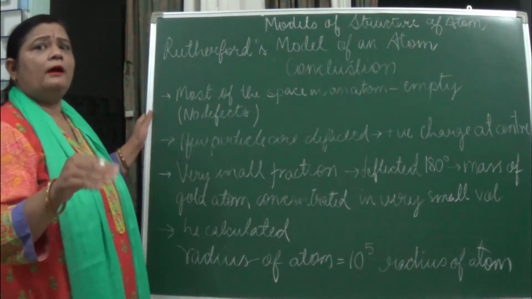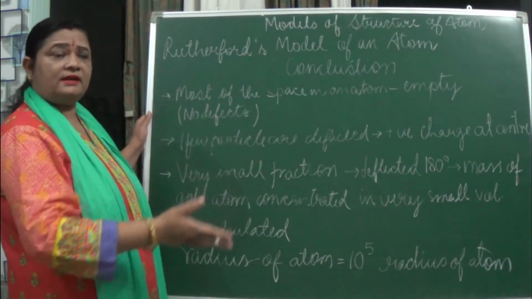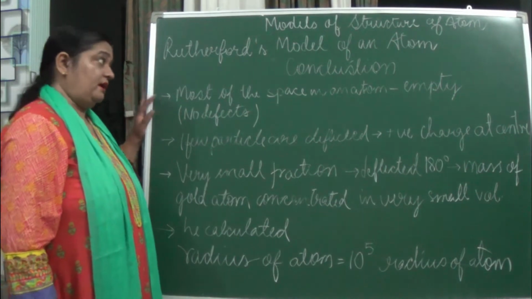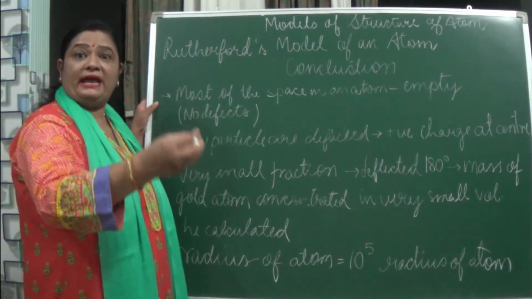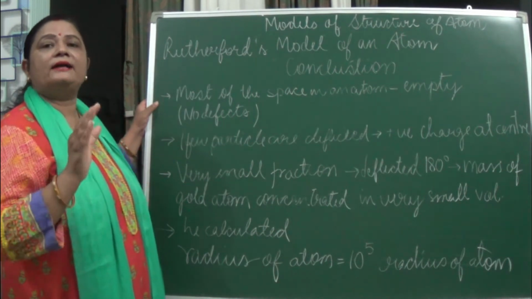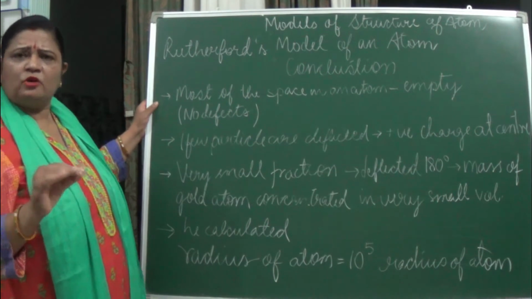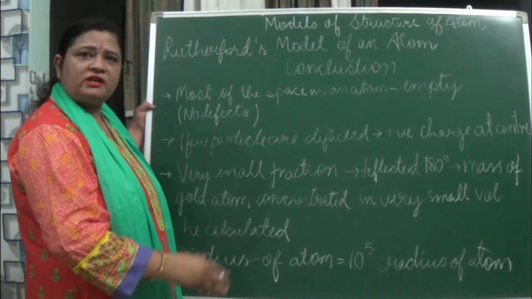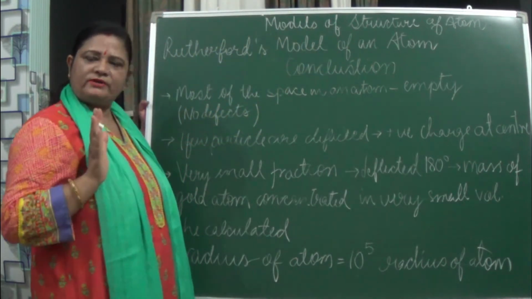It means some obstacle is there, then it is not reaching, and when the obstacle is not there, it is reaching. And that is why Rutherford made the conclusion that yes, most of the space inside the atom is empty. Nothing is present over there. So no obstruction, naturally this alpha particles go on straight.